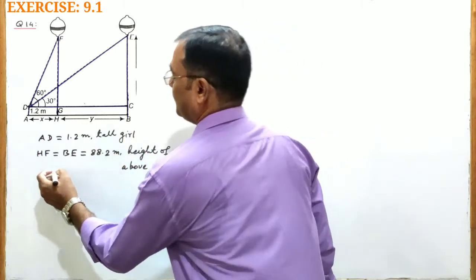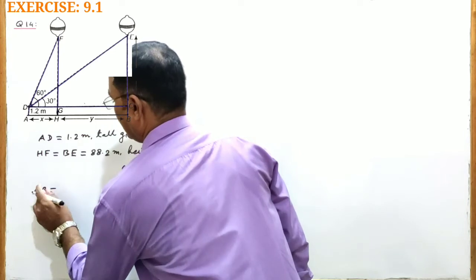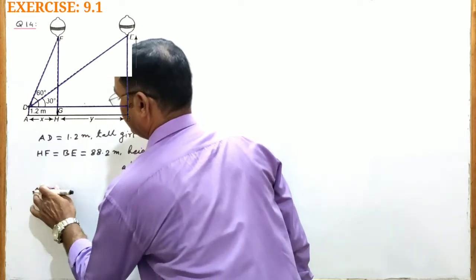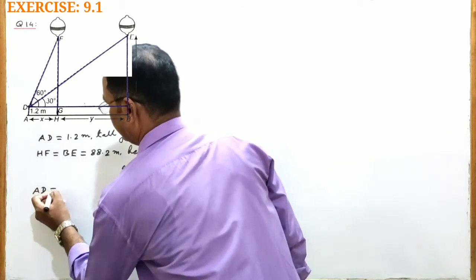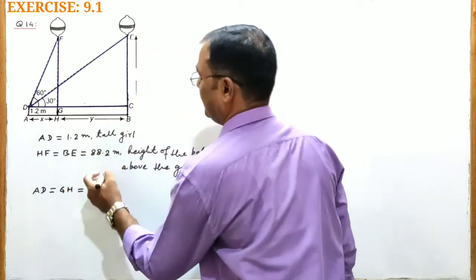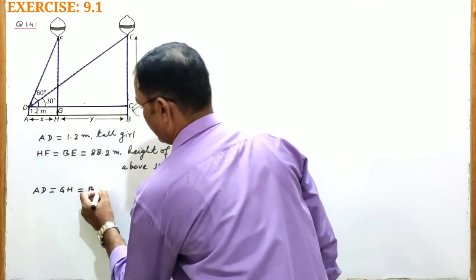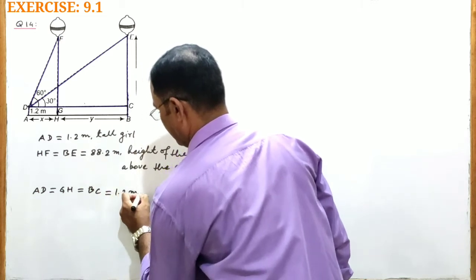In this figure, AD equal to GH equal to BC equal to 1.2 meter.